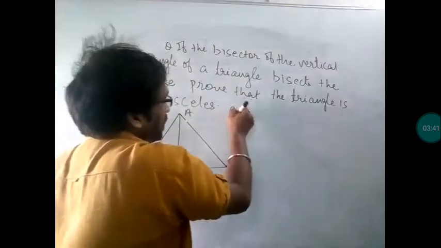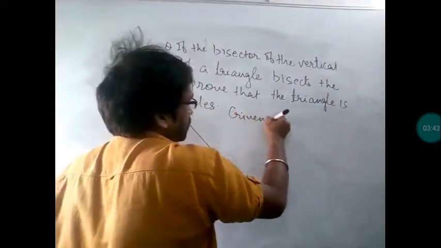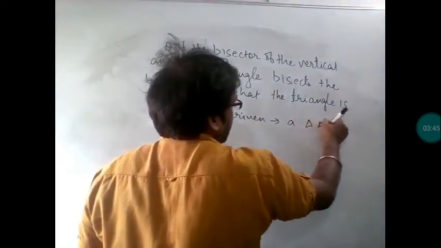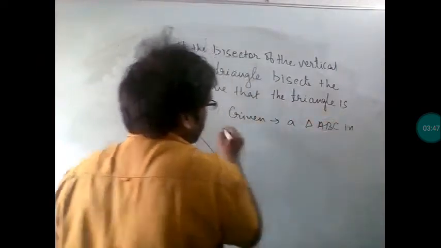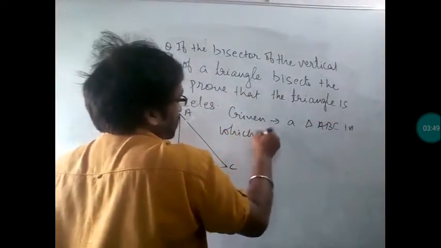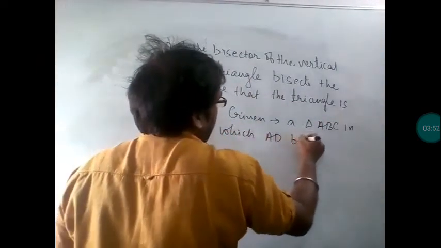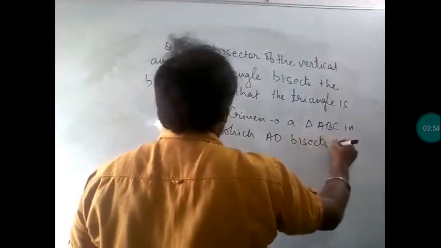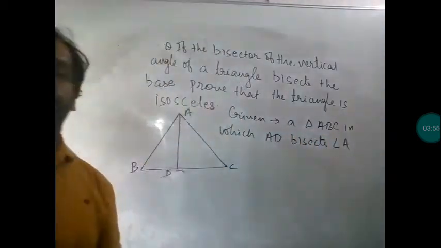Okay, I will write what is given first. Given is that a triangle is given. They have not specified the shape of the triangle. They only said a triangle is given in which AD bisects angle A.